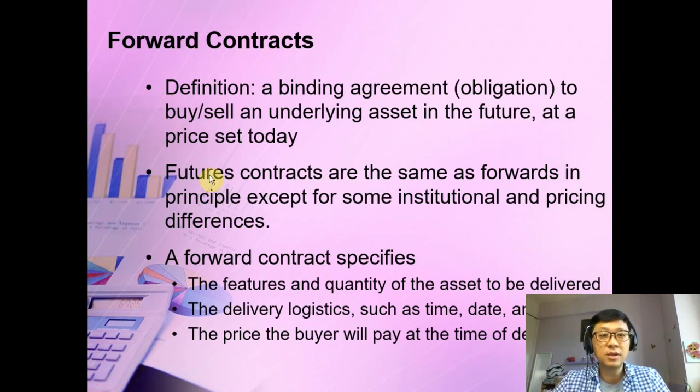Right, so looking back at this forward contract again, a forward contract is actually one of the simplest of all the derivatives that we see. We talk about the four derivatives that we'll be going through. This is the first derivative, and it's one of the derivatives that is traded over the counter, as we have mentioned.